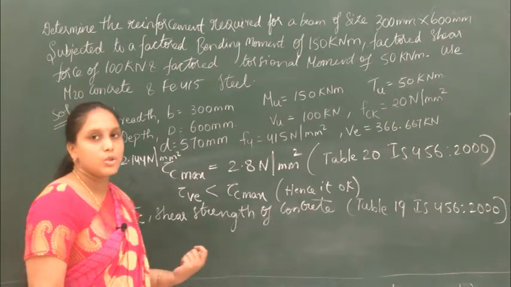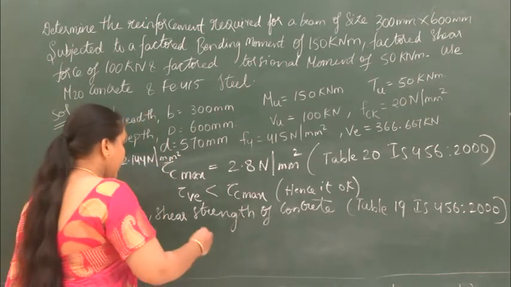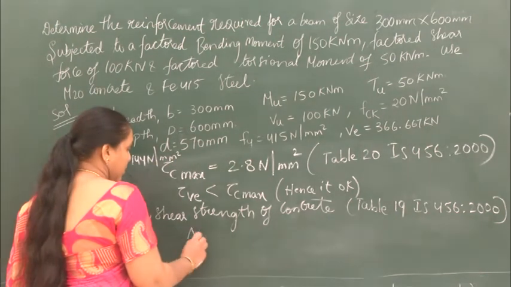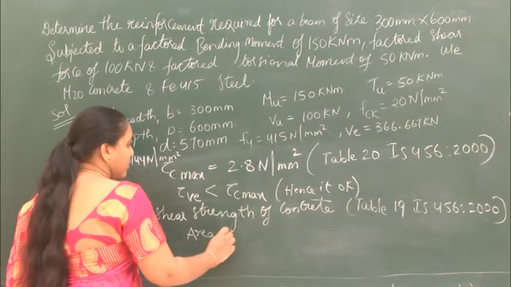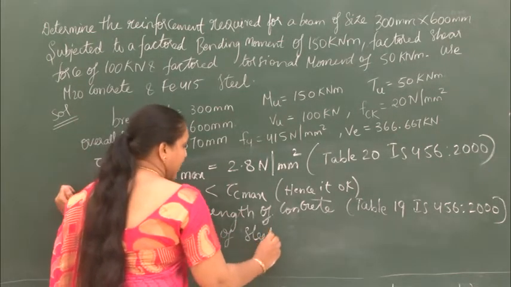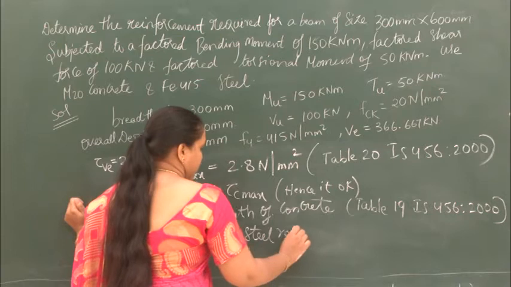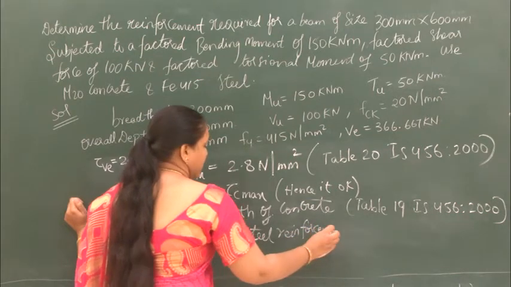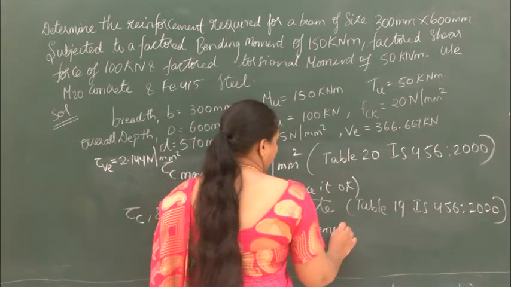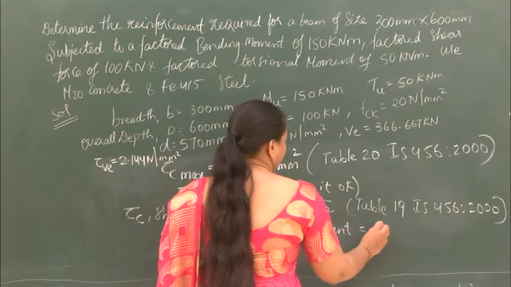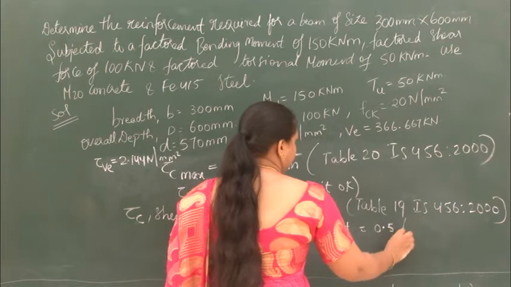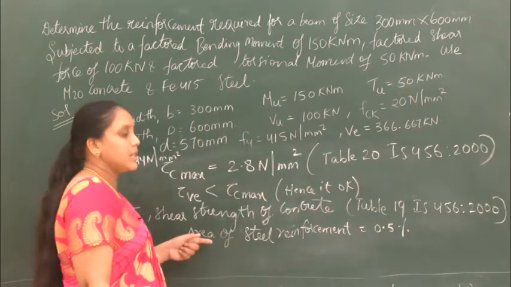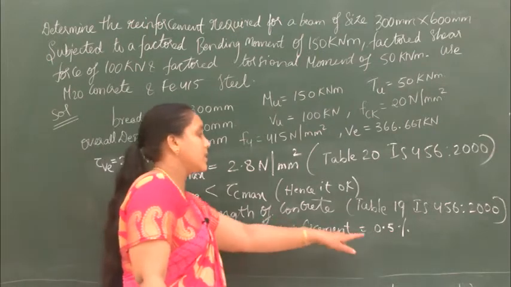So here I am assuming the area of steel reinforcement as 0.5%, that is the percentage area of steel reinforcement.